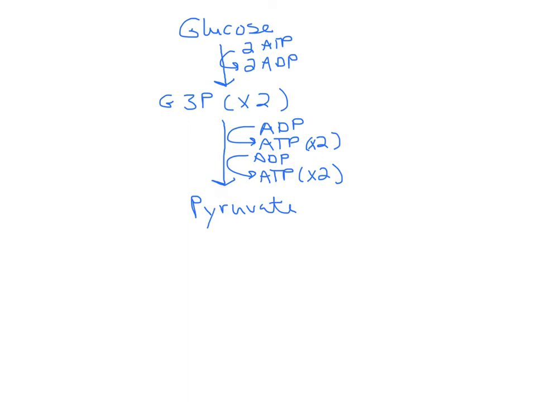So now for the EMP pathway, let's add up the number of ATPs generated by substrate level phosphorylation. And that's 1, 2, 1, 2, 3, 4. And then you have to subtract out 2.